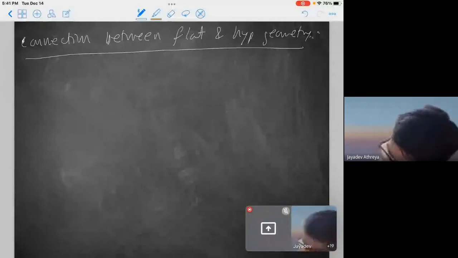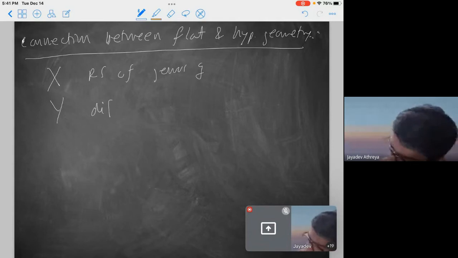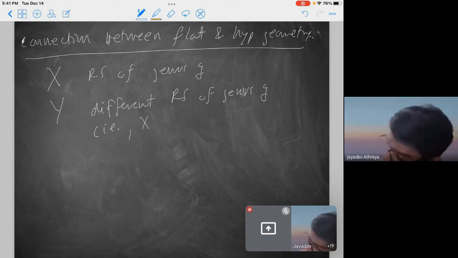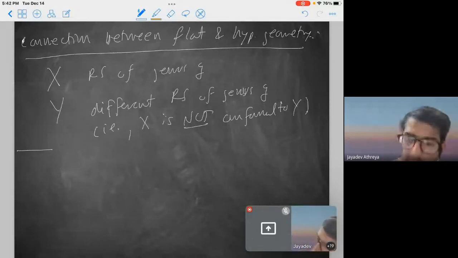So let's say X is a Riemann surface of genus g, and Y is a different Riemann surface of genus g, i.e. X is not conformal to Y. There's no biholomorphism. A conformal map is one that preserves angles.